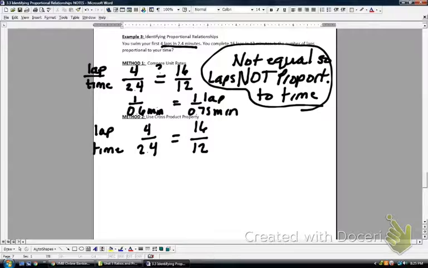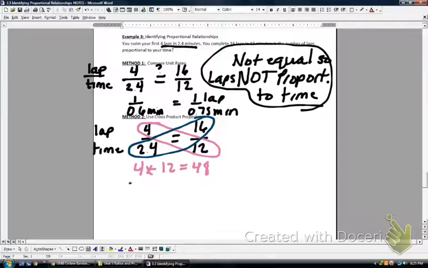I'm going to cross the equal sign and multiply. So cross the equal sign and multiply. 4 times 12 is 48. Then I'm going to cross the equal sign and multiply. 2.4 times 16. I'm going to use my calculator and multiply that out.